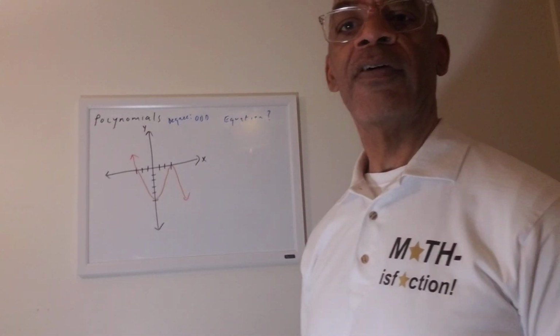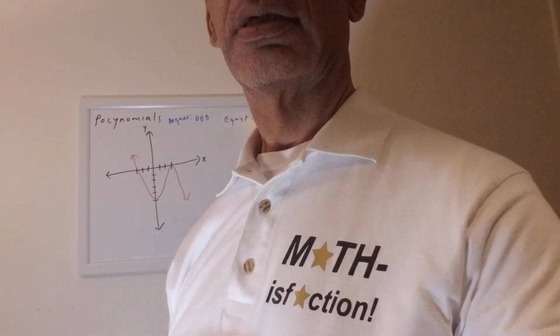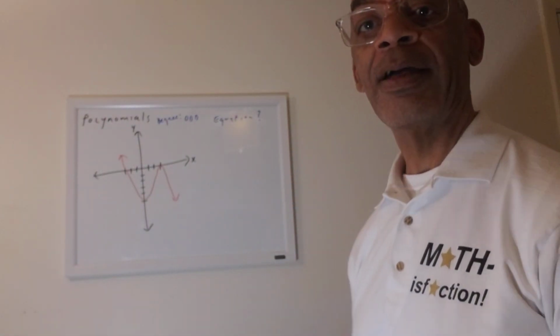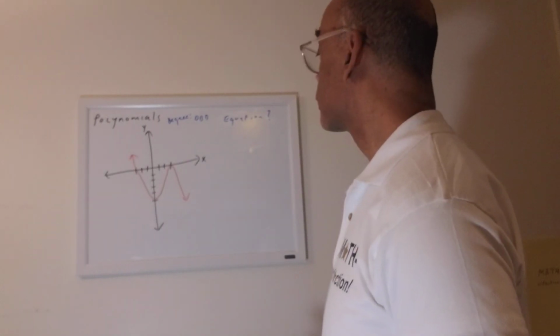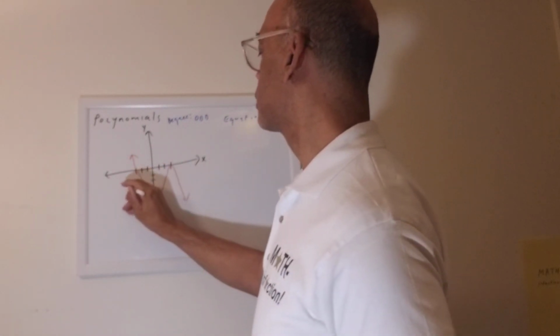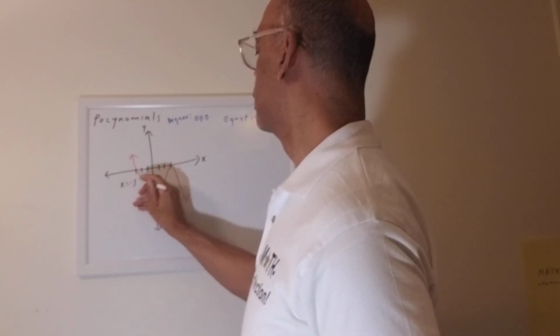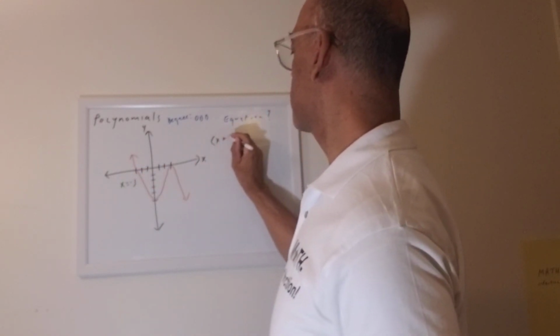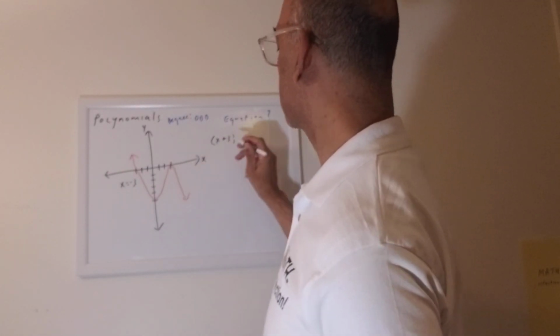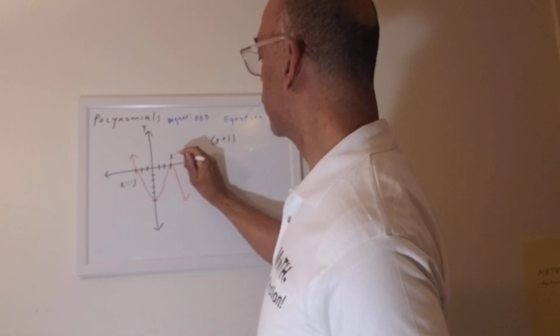I'm going to start with factored form. Excuse me. Try to get this one finished before the battery dies. One factor for x equals negative 3 is going to be x plus 3. We're going to have a factor for x equals 3.